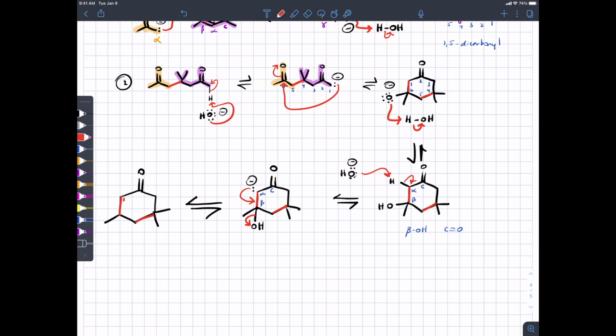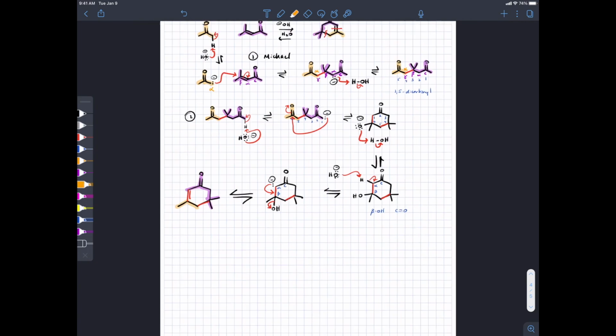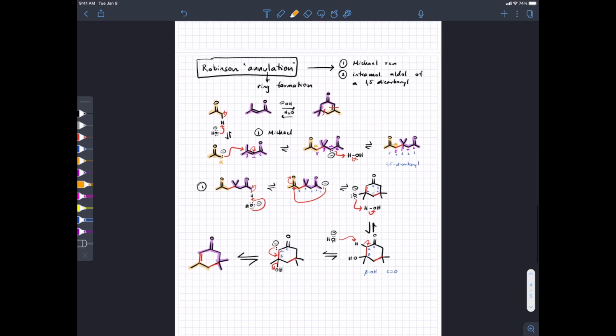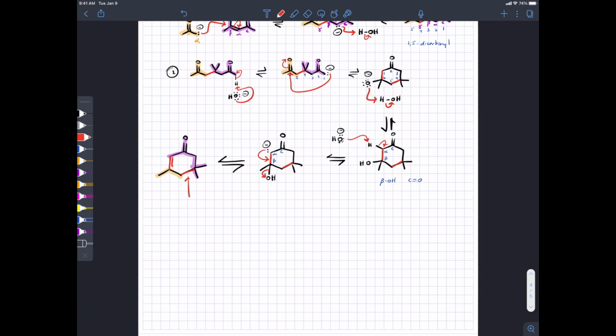And here are the new bonds that we made. And in case you lost track, here are the atoms that were in our alpha beta unsaturated starting material, and those were the atoms that were in the ketone. And so we have, out of this process, made 3 bonds. We made a sigma bond here via the Michael reaction. That was step 1.